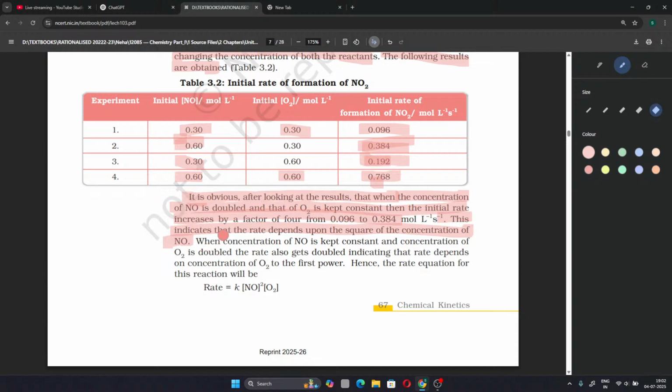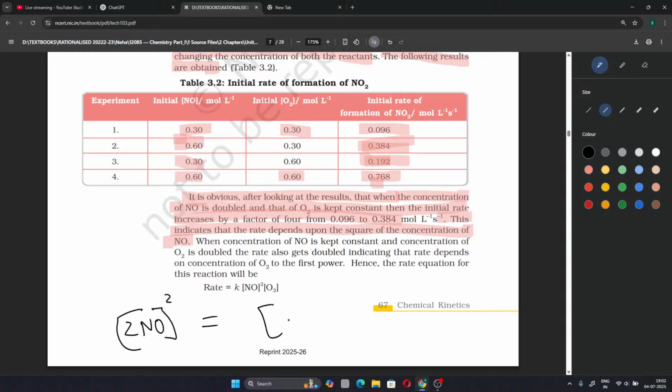Basically, when we take 2 NO, whole squared, we get the concentration of NO times 4, while in the initial case the rate equals NO squared.